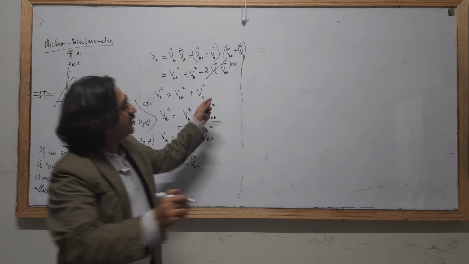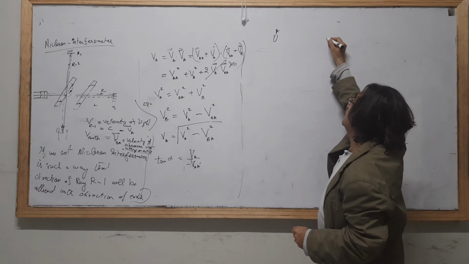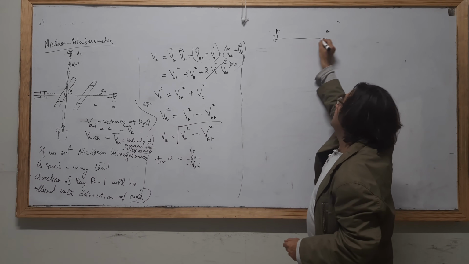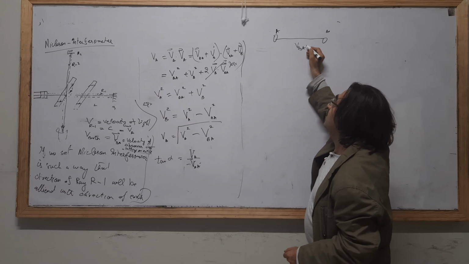Because we have said that if this is A and this is B, A is stationary, this will be defined as VB.